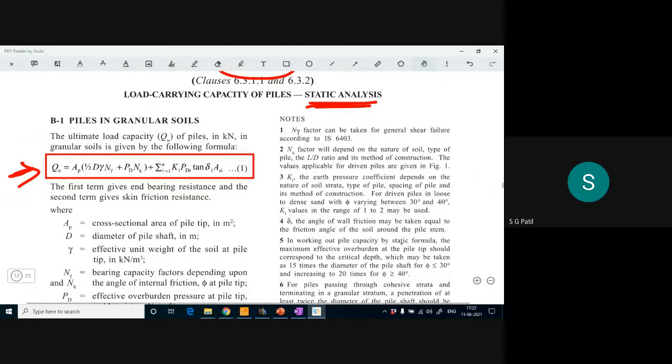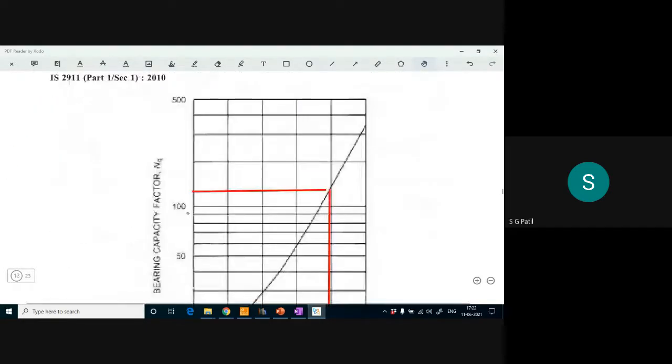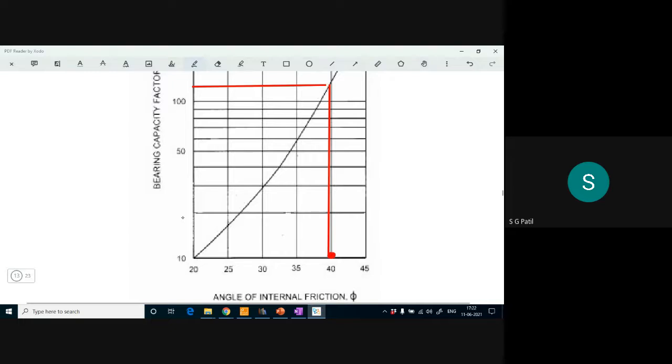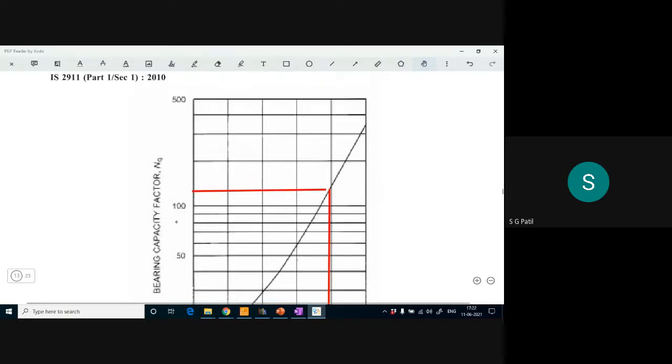So this is for pile in granular soil. If you go to Figure number 1, the bearing capacity factor NQ for driven piles. What is the phi value we have? We have phi value of 40 degree, right? For this 40 degree, this NQ value, this is 100, 200, 300, 400, 500.